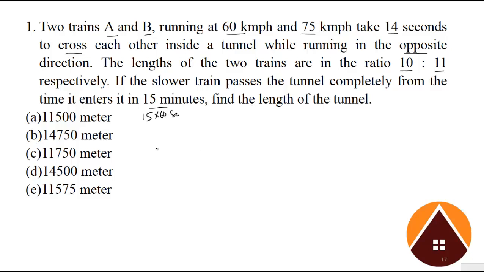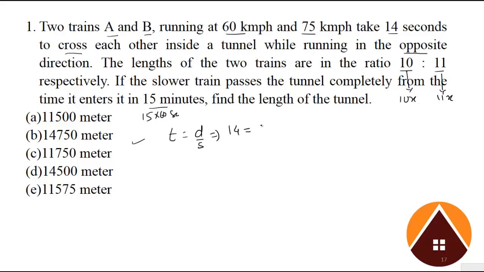Okay. So let us take the first scenario. They have given the time as 14 seconds. In this 14 seconds, the distance covered will be the sum of the lengths of the trains. So one train is 10x, the other train will be 11x.